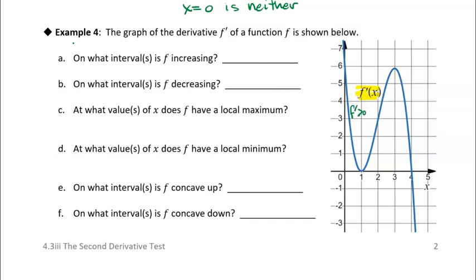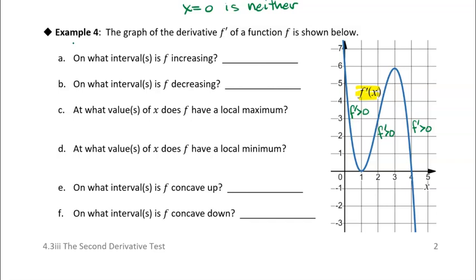I'm just looking at the values of f prime, and they're all above the x-axis, so it's greater than 0 until we get to 4.